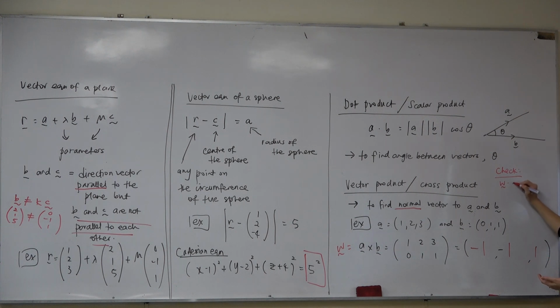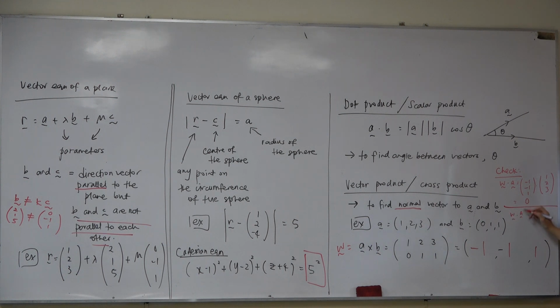So W dot A would be negative 1, negative 1, 1 dot 1, 2, 3. If you get a 0, it means you have gotten the right answer, because when you take the dot product of two vectors and get a 0, the two vectors are perpendicular to each other.